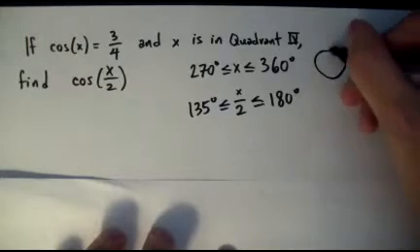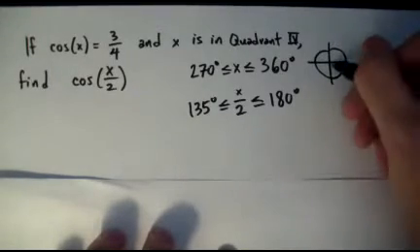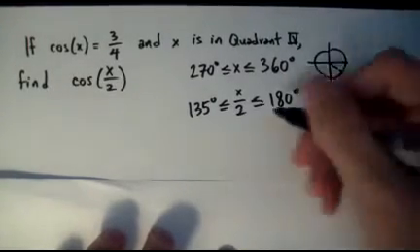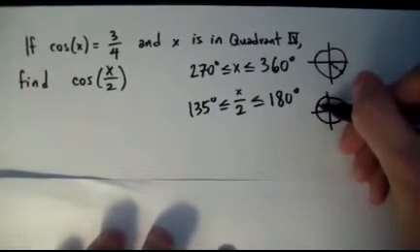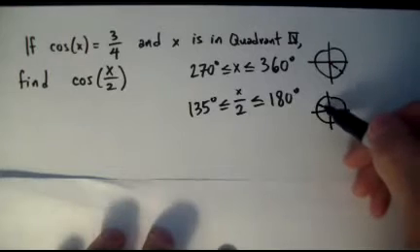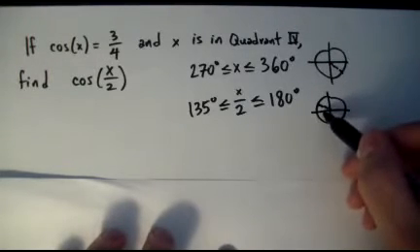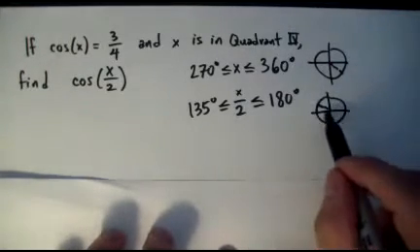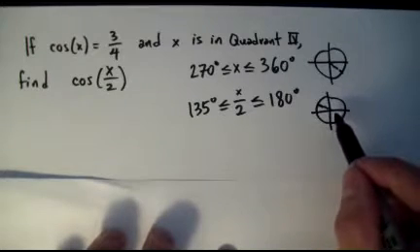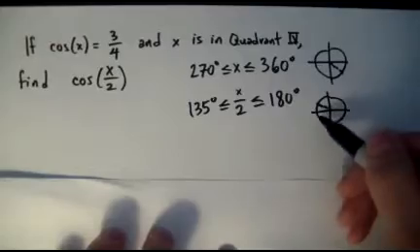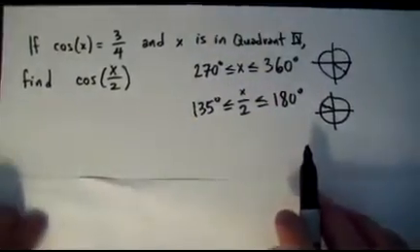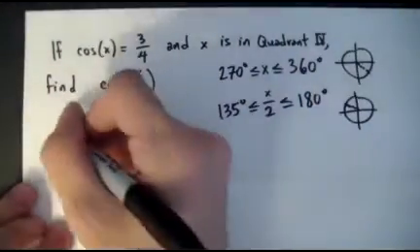So we saw that x itself was somewhere in quadrant 4, but x over 2 will be somewhere over here in quadrant 2. And we know that in quadrant 2 cosine is negative, because cosine corresponds to the x value of a point on the unit circle. So we're going to have a negative value for cosine of x over 2. We need to use the negative sign in our formula.